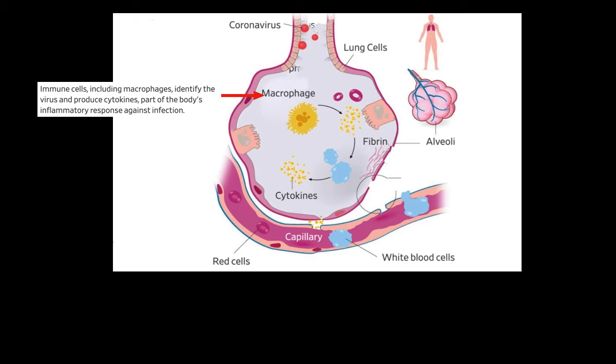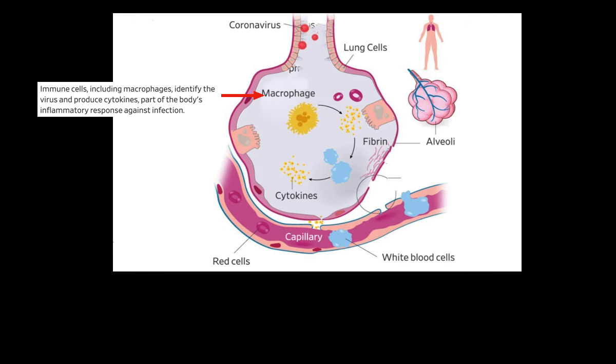Once inside the lung, immune cells, which include macrophages, phage meaning eater, macro meaning great eater, identify the virus and produce cytokines, which are a part of the body's inflammatory response against infection.